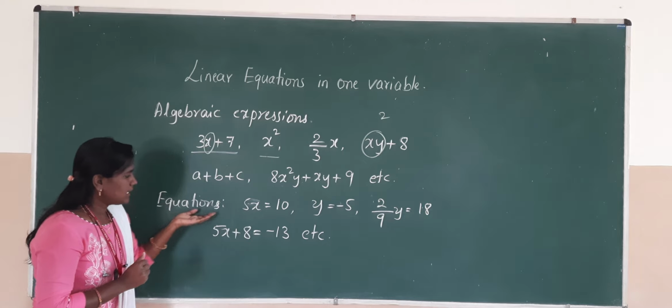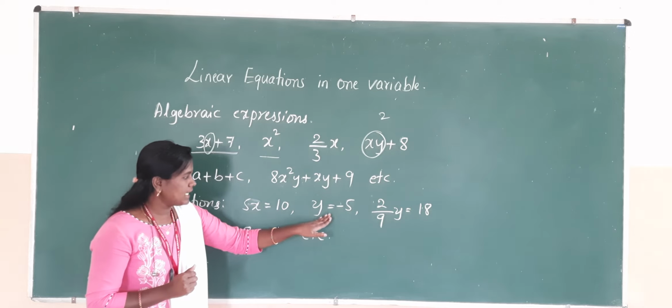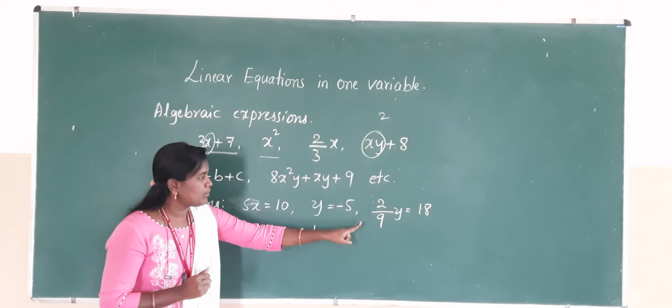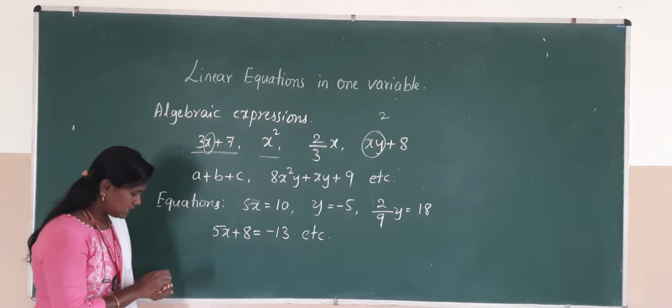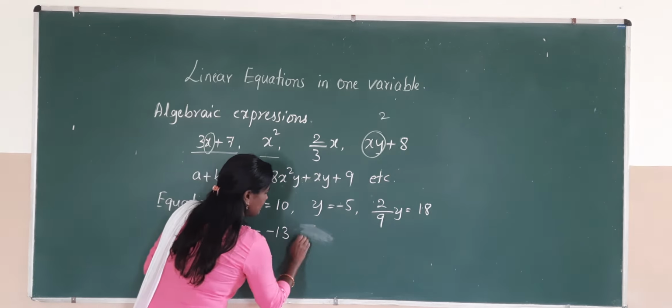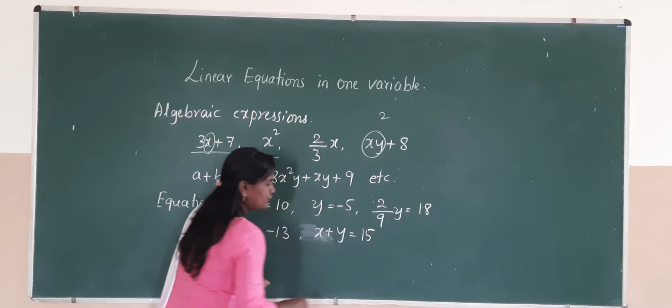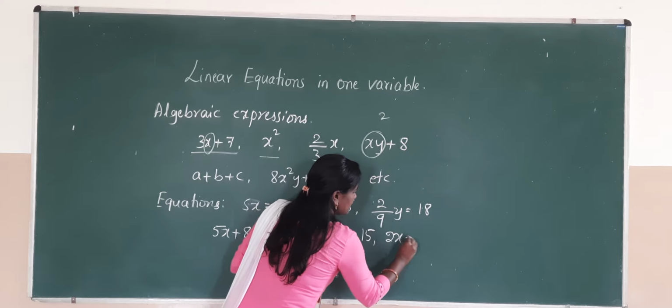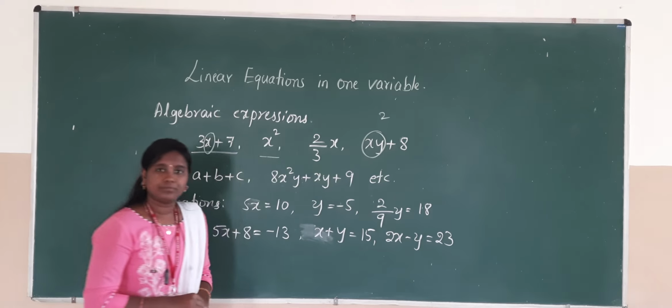And in these equations, if you see 5x is equal to 10, y is equal to minus 5, 2 by 9 y is equal to 18, 5x plus 8 is equal to minus 30, and some other examples I want to take: x plus y is equal to 15, 2x minus y is equal to 23.